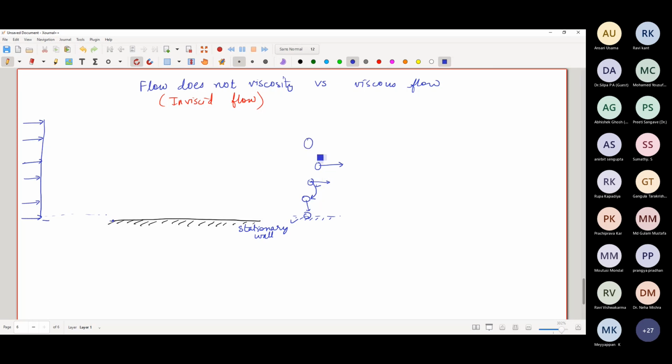This one still has some momentum, but lower than the momentum of this. So this will have some intermediate momentum. So the layers would organize themselves in the form of a velocity profile.